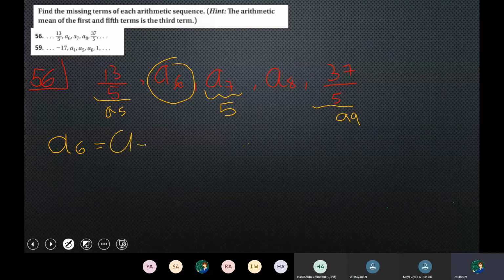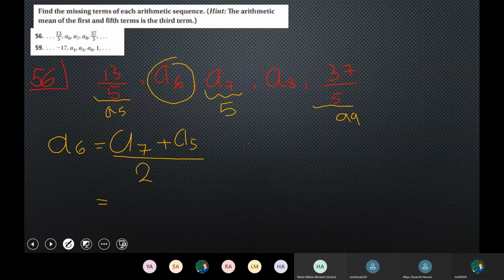It is a sub 7 plus a sub 5 over 2. Over 2, thank you. A sub 7 is 5. 5 plus a sub 5, 13 over 5, 13 over 5 over 2.